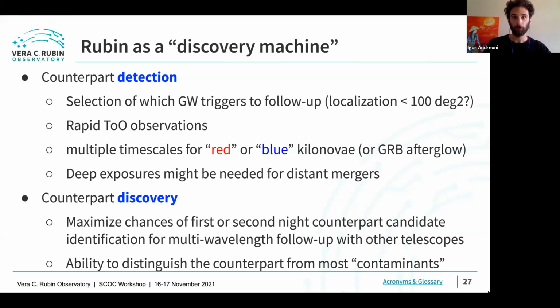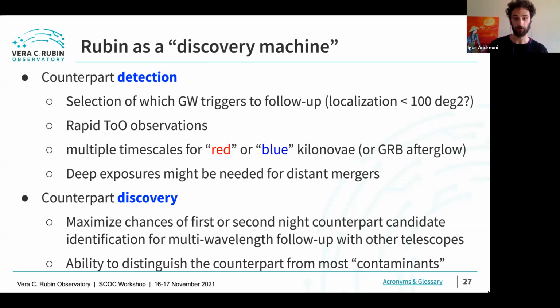However, this might not be enough to just have some data that include the counterpart, because Rubin is powerful, and in the volume that we will be able to probe, thanks to these target of opportunity observations, we risk having tens, if not hundreds of transients that we will have poor history of, we'll know little about their evolution, and up to tens of supernovae every night could explode in that volume.